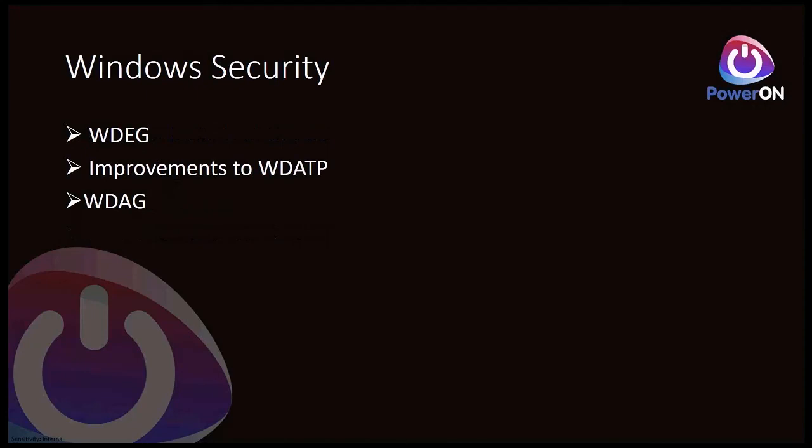And we've got some lovely new acronyms, all starting WD. So Exploit Guard, Application Guard, all part now of the Windows Defender suite. All there to help protect your device against any of the existing or new security threats that are coming down the line.